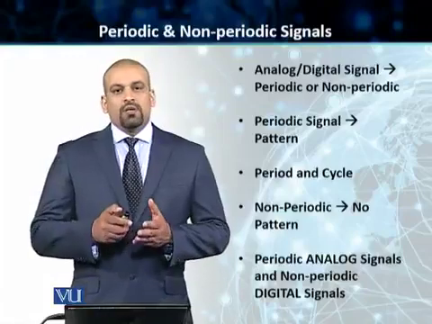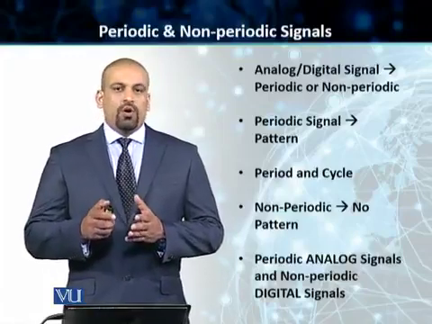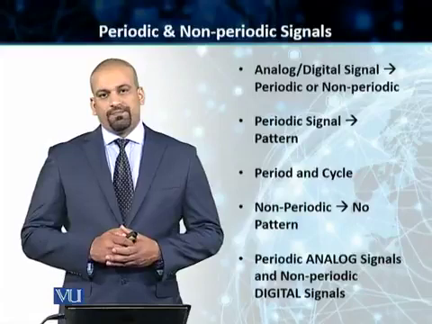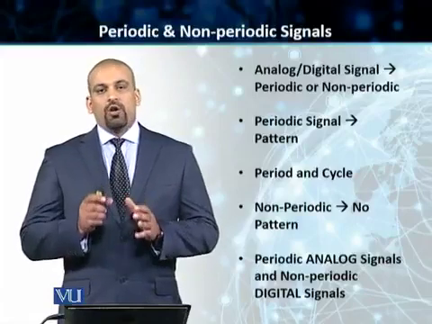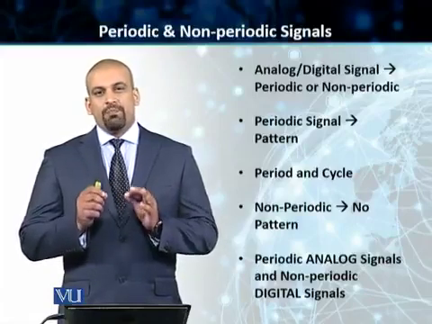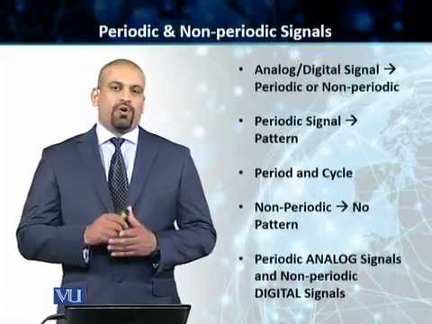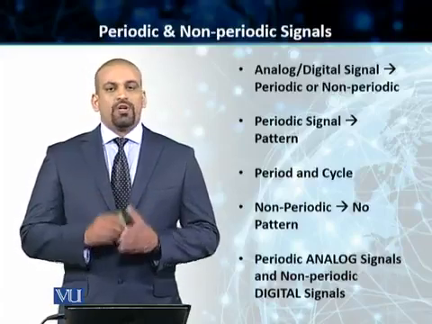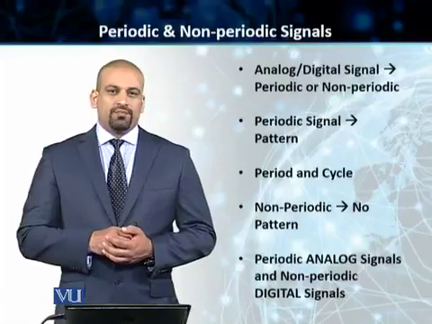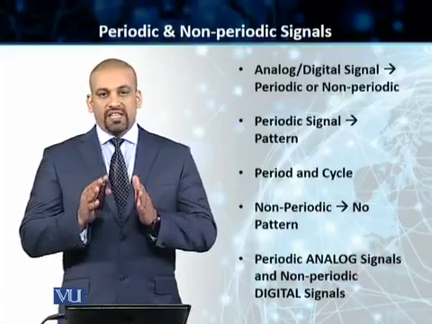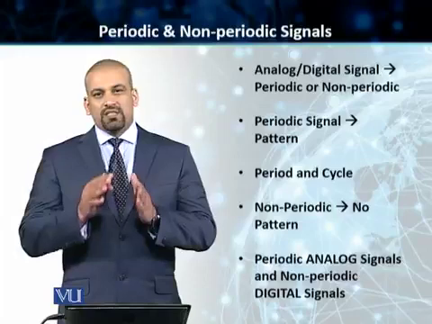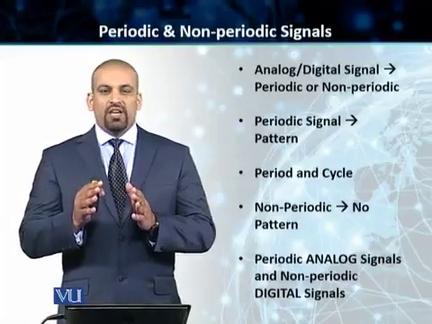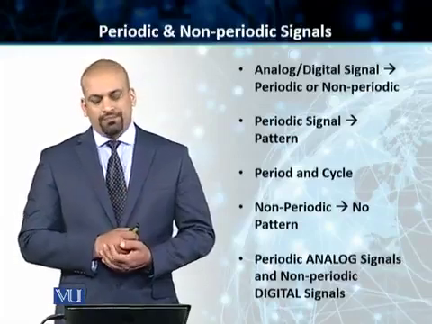अब students, कुछ बात करेंगे periodic और non-periodic signals की. Students, both analog and digital signals can be periodic or non-periodic. Students, what is a periodic signal? A periodic signal is a signal which completes a certain pattern in a specific amount of time.